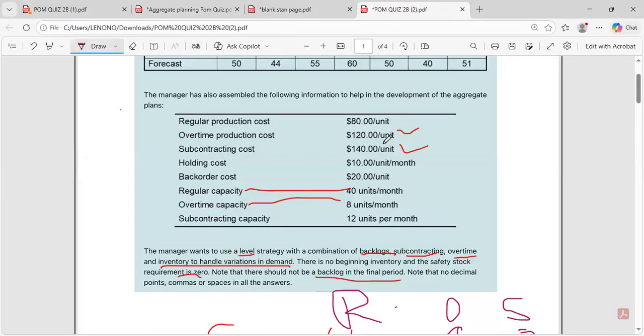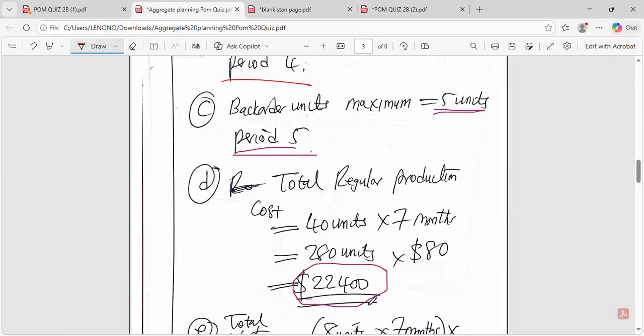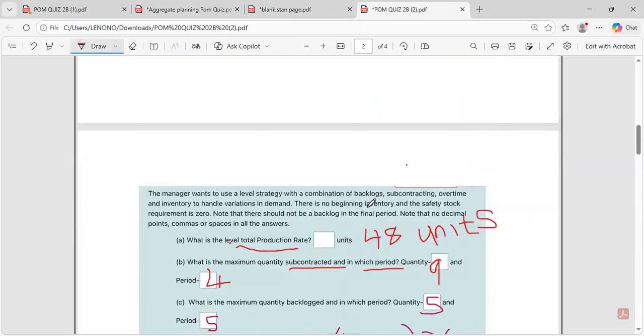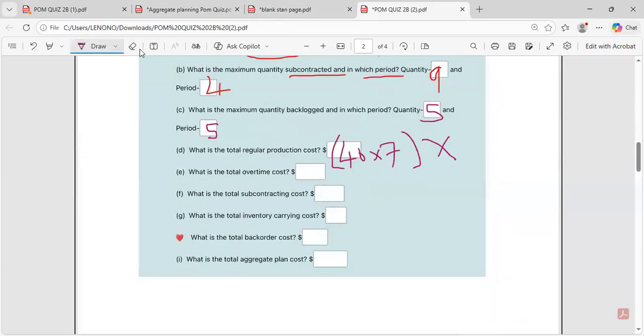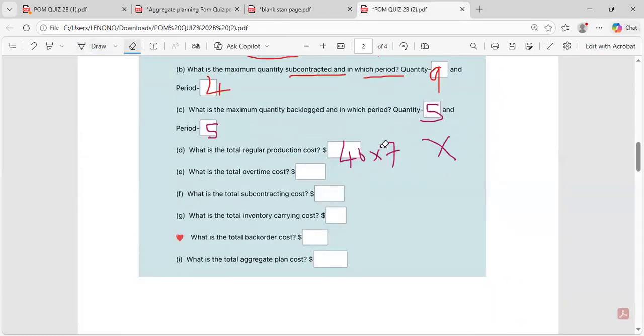The $80 was per unit. So this is now giving us the 22,400. That's how the 22,400 was obtained.